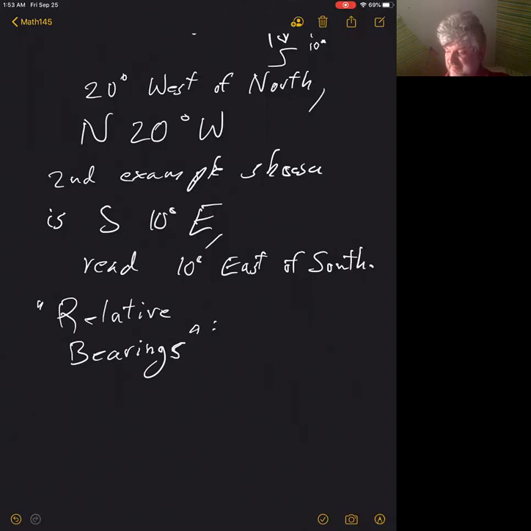And this is best illustrated with a ship traveling on a straight line. And then they see another ship or a seagull or something.